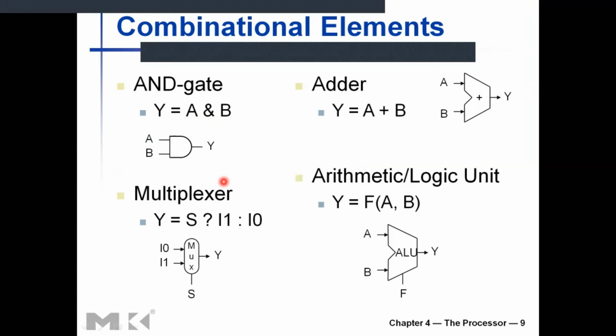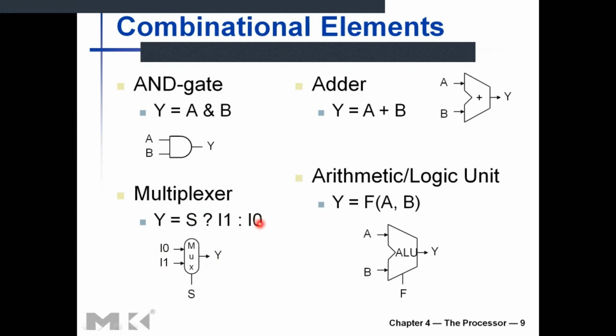And there are complex combinational elements like multiplexers where the output Y here is selected from input I0 or I1 based on the select signal S. So if S is 1, output is I1. If S is 0, output is I0.